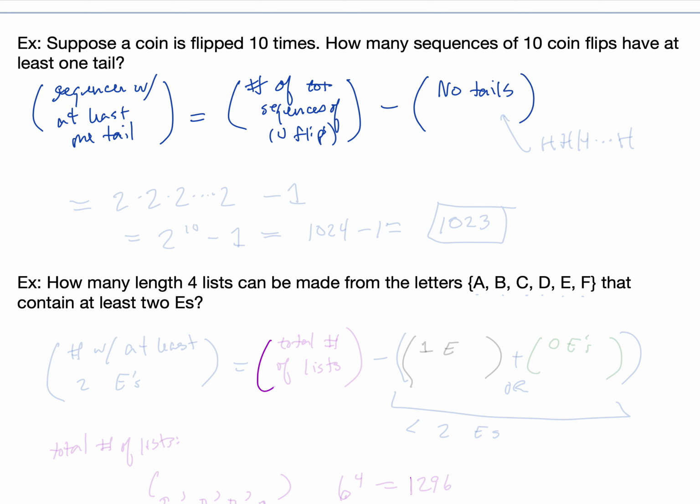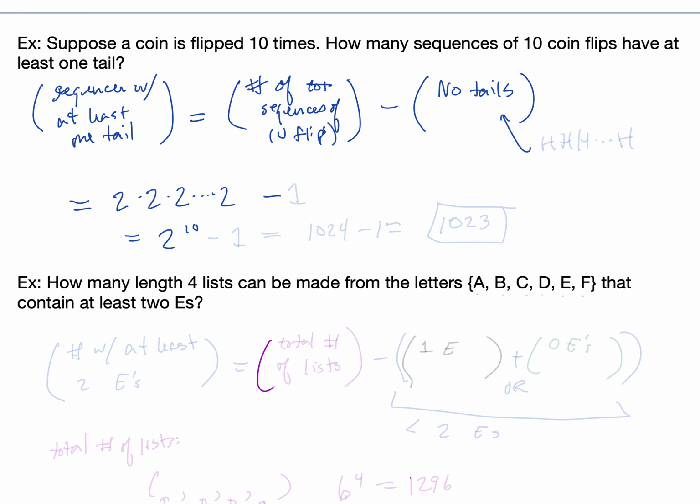So what are each of these values? The number of sequences of 10 coin flips. Well, there are two choices. It can be heads or tails for the first flip, 2 for the second, 2 for the third, all the way down to 2 for the last. So this is 2 to the 10th, minus how many sequences of 10 coin flips are there with no tails?